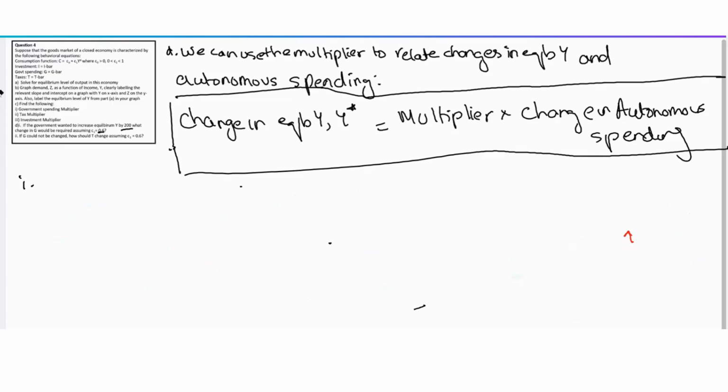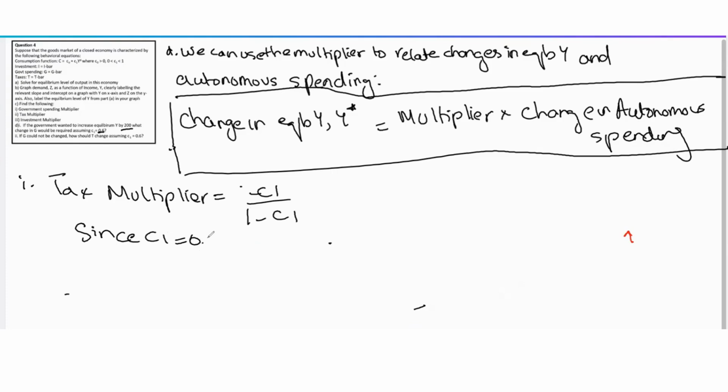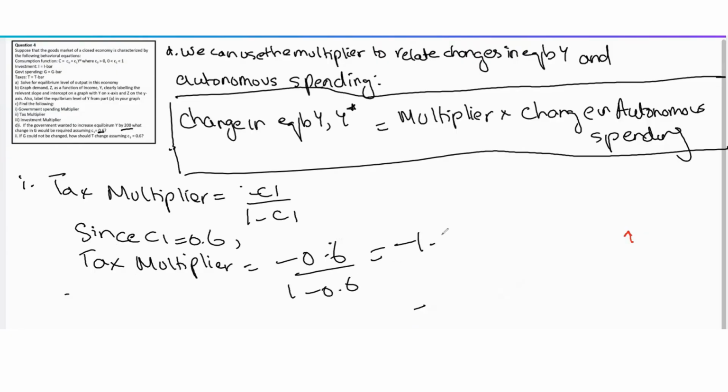So now we know the tax multiplier is minus C1 by 1 minus C1. Since C1 is 0.6, which is given to us, the tax multiplier would be minus 0.6 by 1 minus 0.6, which is minus 1.5.